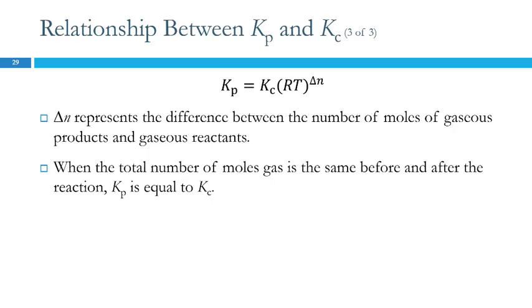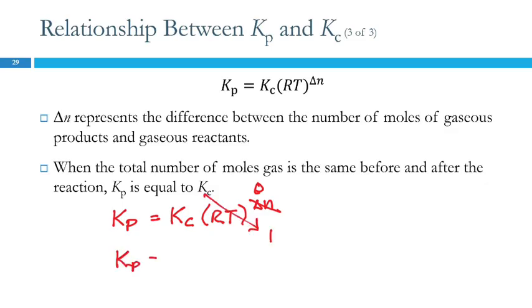Because Kp is equal to Kc times RT to the delta N. Well, if the moles final is equal to the moles initial, what does delta N end up being? 0. If that's 0, this whole thing becomes 1, and Kp is equal to Kc. So they can be equal, but usually not.